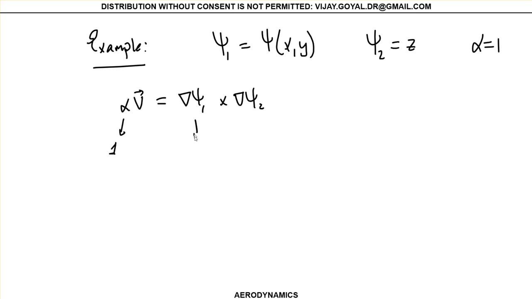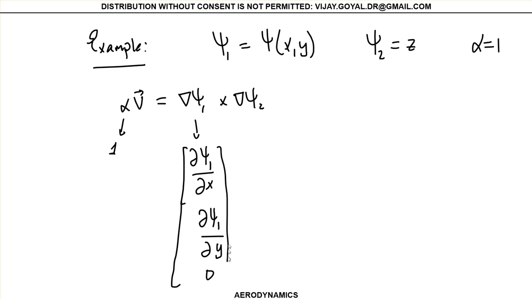And then this is nothing else than a vector of partial of psi 1 with respect to x, partial of psi 1 with respect to y, and 0, because it's only a function of x and y.